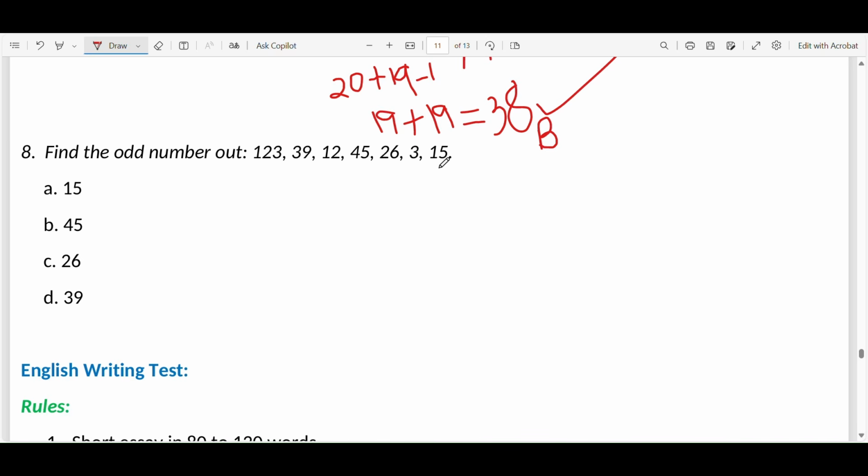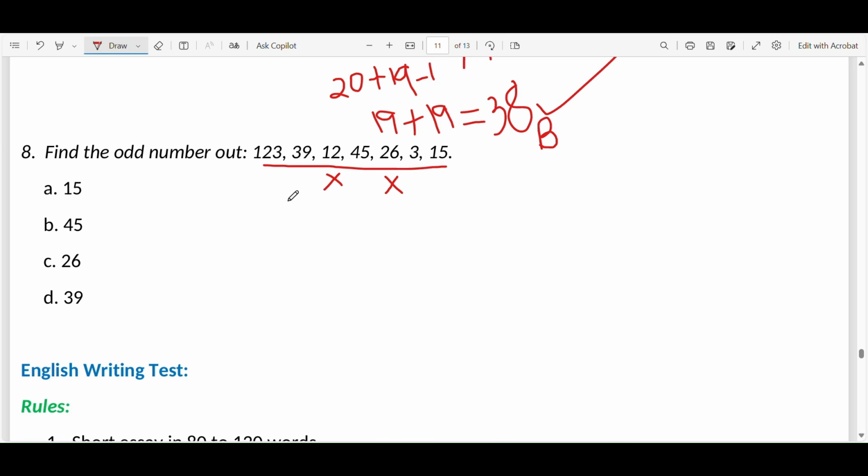When you see all these, all are odd numbers. See, 123 is odd, 39 is odd, 12 is not odd, so let me remove this 12, right? And 45 is odd, 26 also is not odd, and 3 and 15 are also odd numbers.